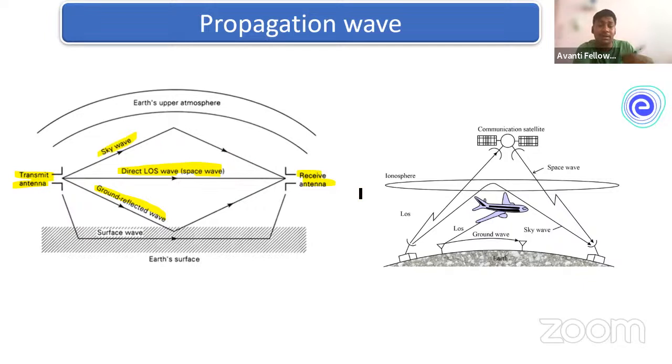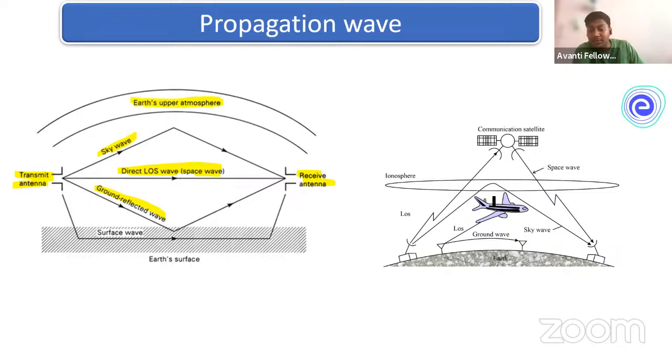We will also see what frequency range is required for the ground wave and sky wave. If the signal is transmitted above the earth's surface at very high altitude and over long range, there is another high frequency range, which will be discussed in the next slide.